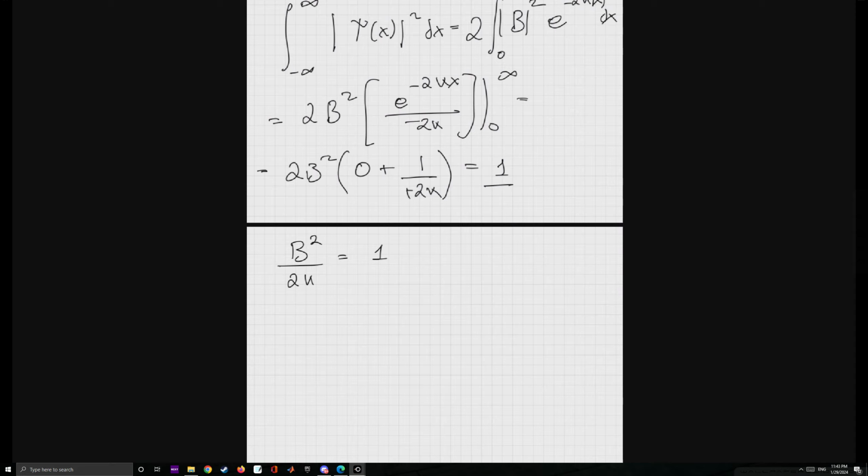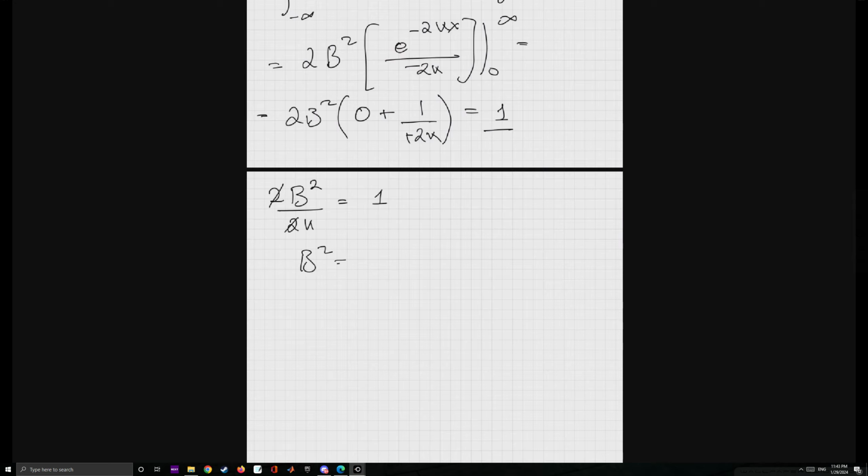We forgot to actually cancel these out, but we simply get b squared equals k, because there was a 2 over here that we forgot. Those cancel, so it's just b squared equals k, and b equals the square root of k.